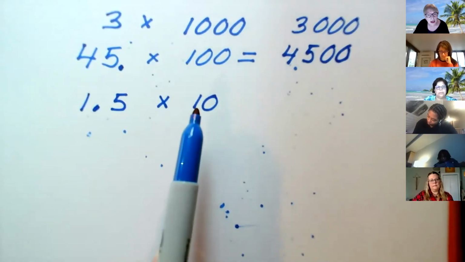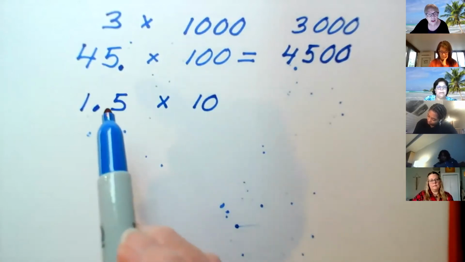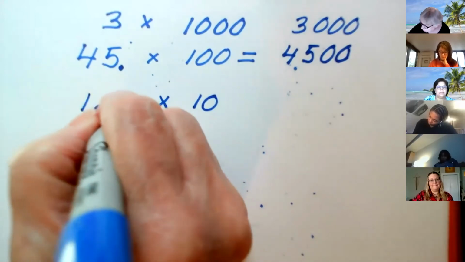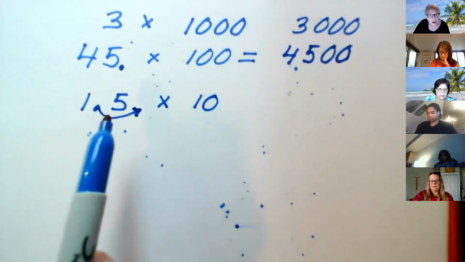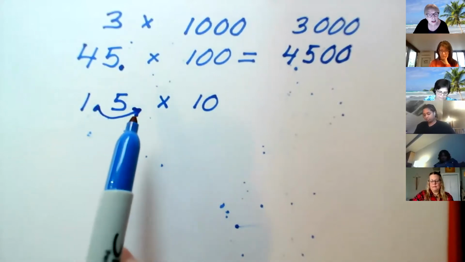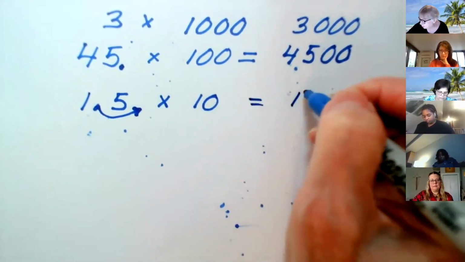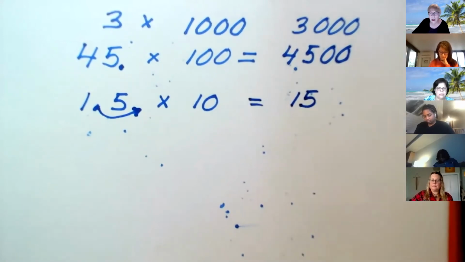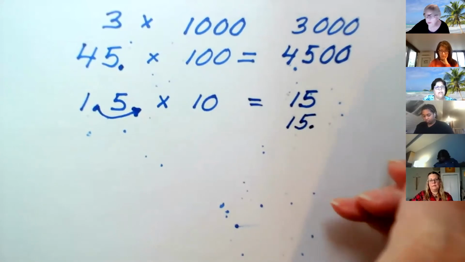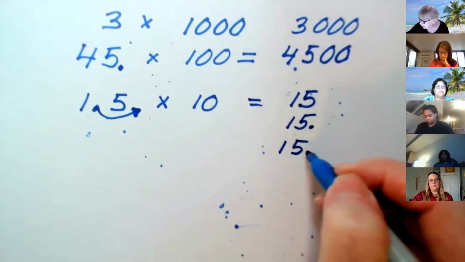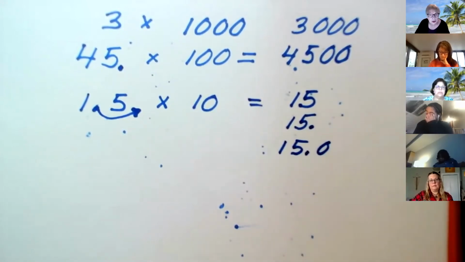You want to do this the short way. And so multiplying by 10 will actually move the decimal 1 place. And because it's multiplication, it moves it 1 place to the right to make the number larger. So is this 15? Is this 15 with a decimal point? Is this 15 with a decimal point and a 0 or 2?